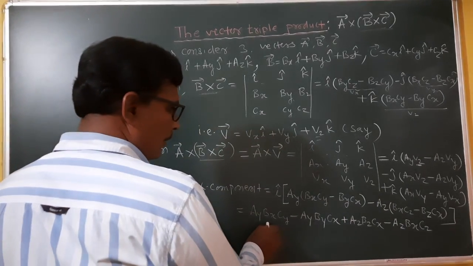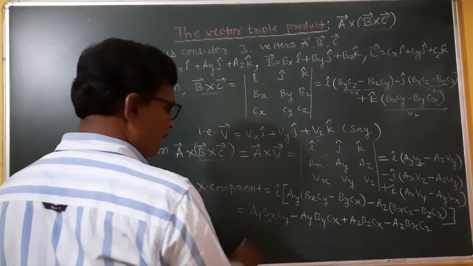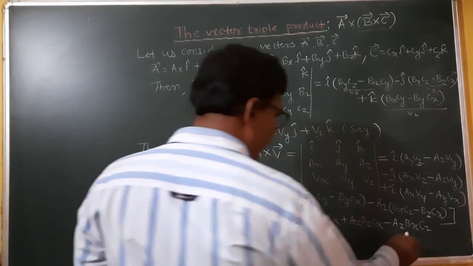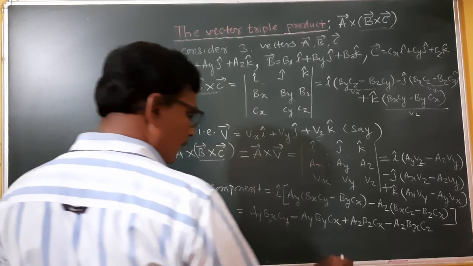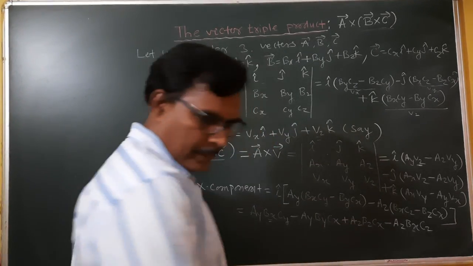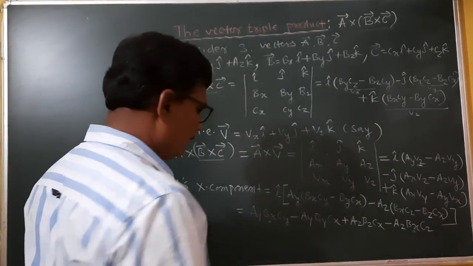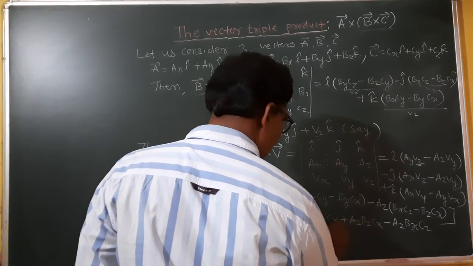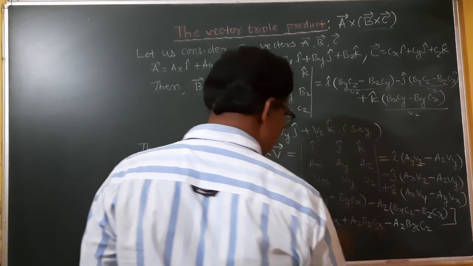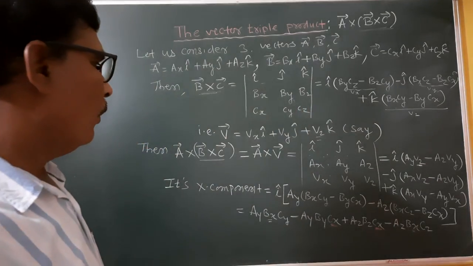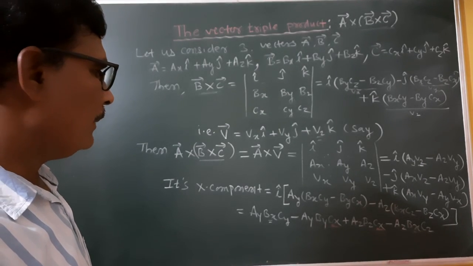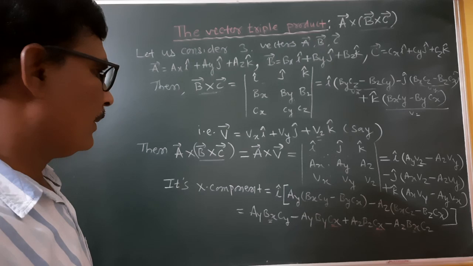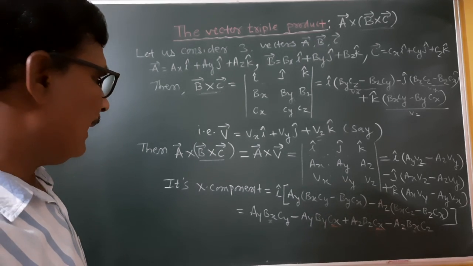Here we have Bx, here we have also Bx in this term, Cx in this term. Now we have to add some terms and subtract some terms.